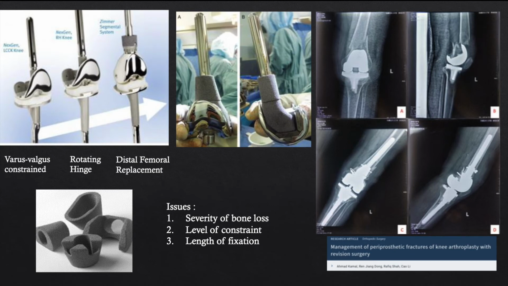So these are three options we work with, and it deals with the severity of the bone loss and the level of the constraint. And the idea is that if we choose to do an LCCK type or rotating hinge implant, then remembering the zonal system, we have to build this on top of a metaphyseal or diaphyseal fitting cone system, such that we can get fixation in the metaphysis and then build on top of this fixation with a standard implant with a diaphyseal locking stem.